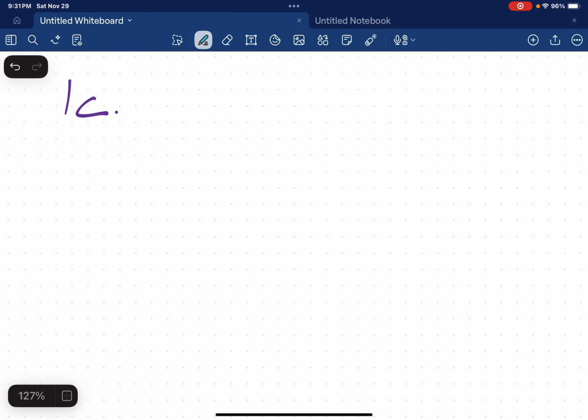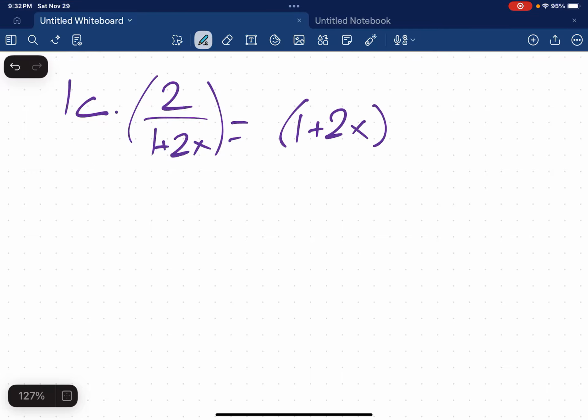1C. Where's 1C? Alright, so this time we have 2 divided by 1 plus 2x. Here we're just going to end up using what we had from part B. We know that this is going to be equal to 1 plus 2x to the negative 1, but remember there's a 2 on the outside.